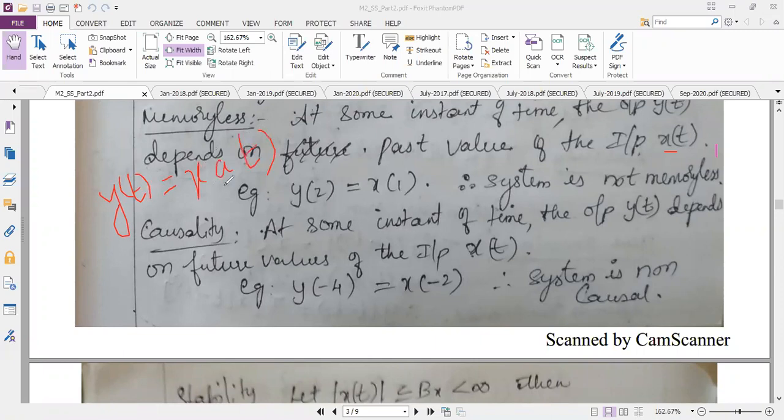If your input is in this format, for example, in my third question I have t by 2, that means my scaling factor is 1 by 2. Scaling factor means the time t should be multiplied with some scaling factor.